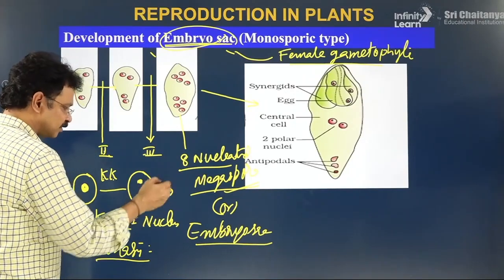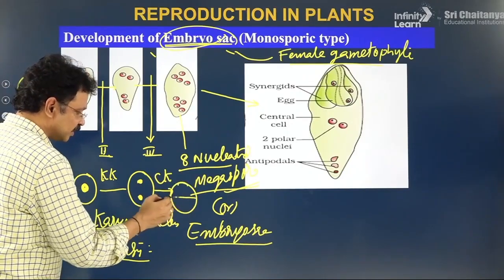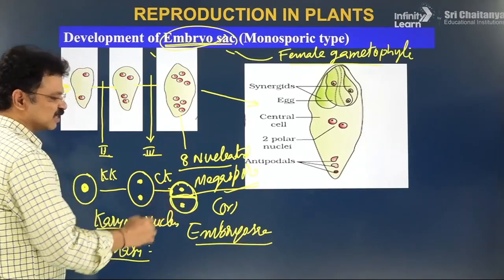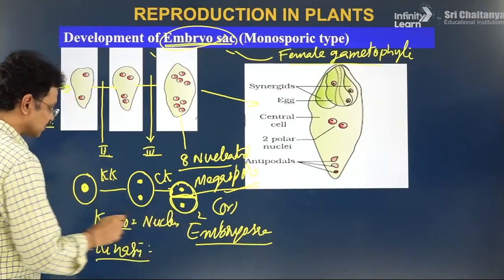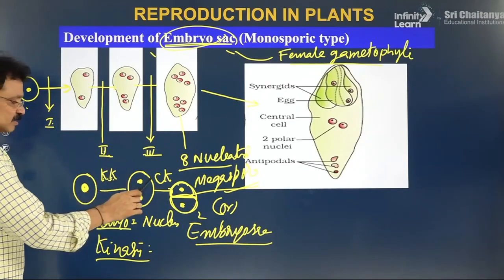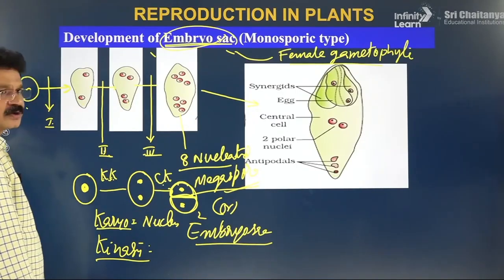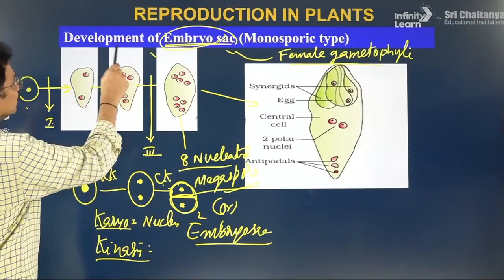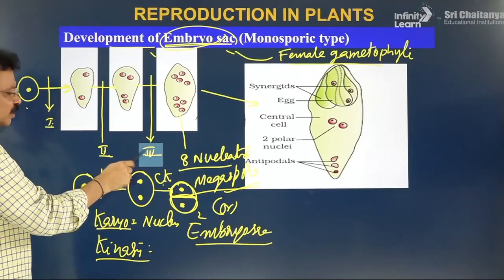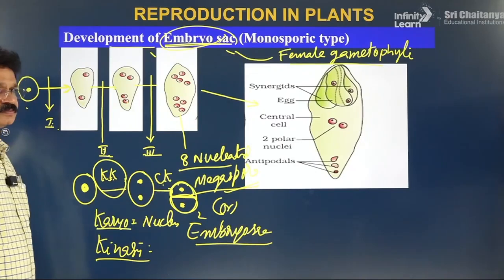At the end of the mitotic cell division, as a result of cytokinesis, the cytoplasm is also divided and the nuclei are separated, and this entire cell becomes 2 daughter cells. So to yield 2 daughter cells from one mother cell, these 2 phases of mitosis are essential: one is karyokinesis, another is cytokinesis. Whereas in the development of an embryo sac, in the first 3 generations, only karyokinesis occurs without following cytokinesis.